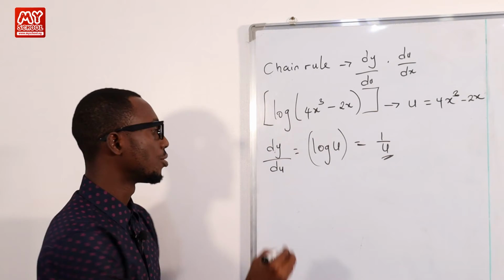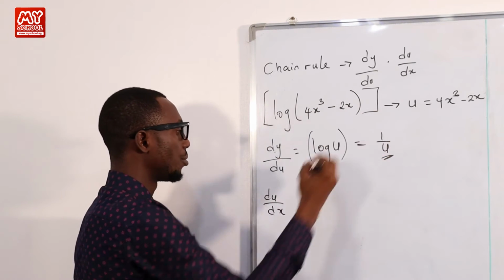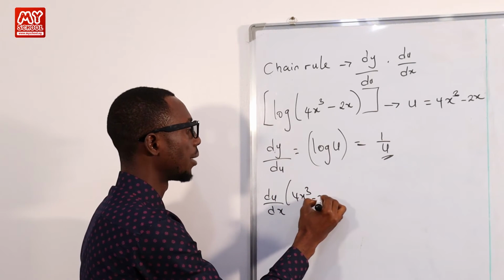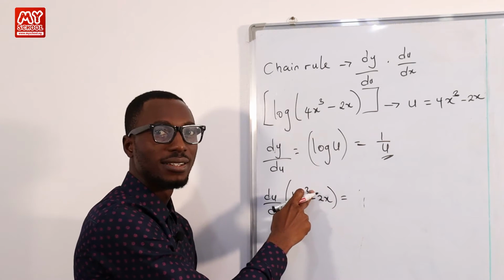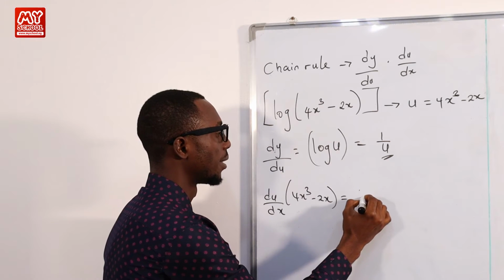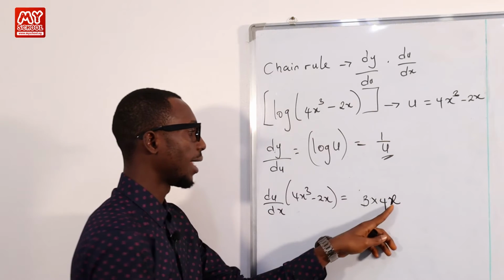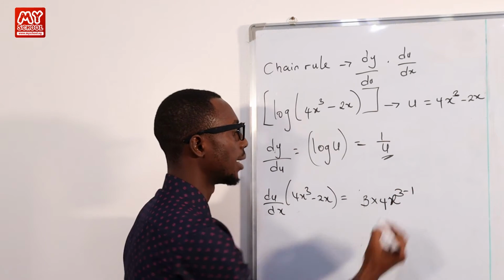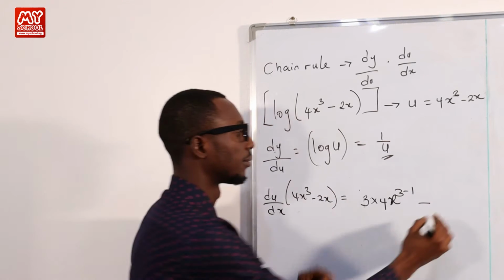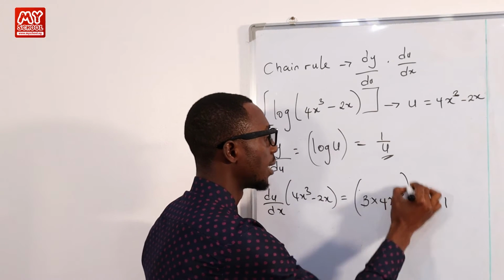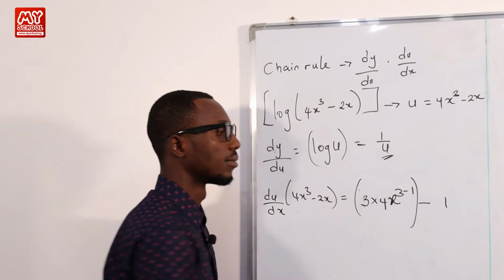And when we differentiate du/dx of our value u, 4x cubed minus 2x, recall that this is our n, so we would have 3 multiplied 4, then x raised to power 3 minus 1, then minus, this is raised to the power of 1. We can put it in a bracket so that we can have clarity.